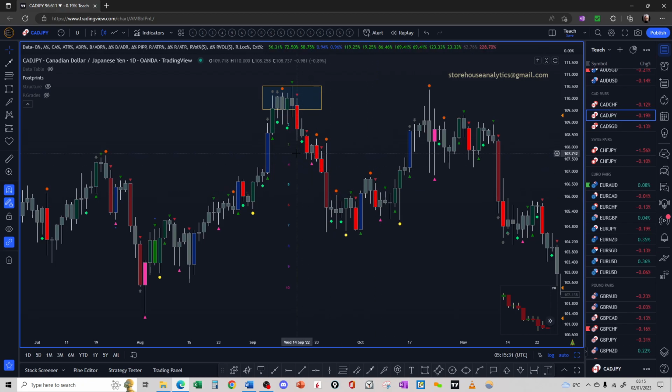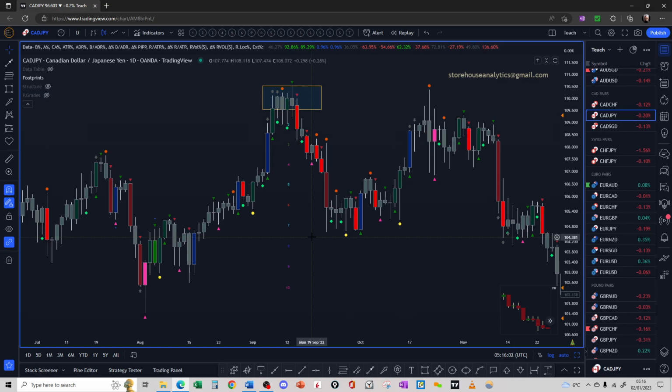So you might want to ascribe different scores. If it's your A+ departure from the level, you might want to give it a score of 5 out of 5 or 2 out of 2 or 10 out of 10, whatever you decide. You might want to do that because then that creates tiers for you, which will also feed into your risk allocation.